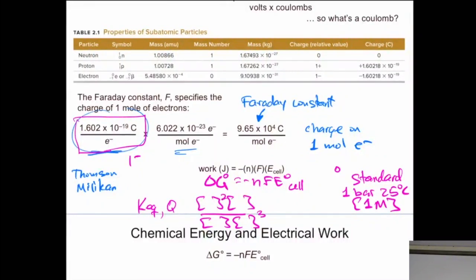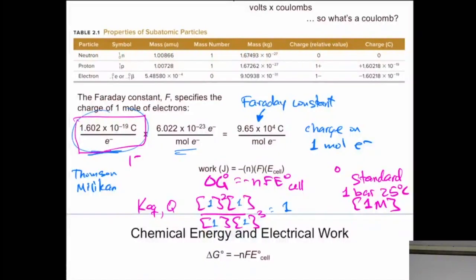So I don't care, let's put a 2 here and a 3 there, whatever. But if you're at standard conditions, it doesn't matter what that mass action expression looks like, everything's a 1. So if everything's a 1, under standard conditions, your mass action expression will always have a value of 1. And that's why we use this as our standard, because it's really easy to work with.